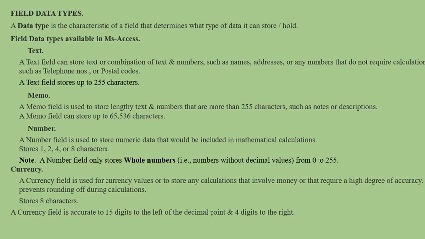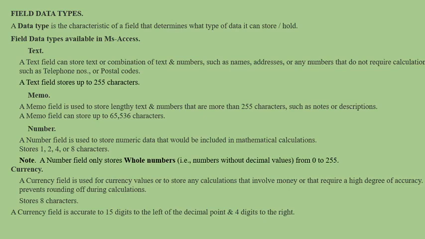Then we have memo or long text. Memo allows you to type paragraphs or a description, something longer than what you would put in text. You can see this is 255 characters. This is 65,536 characters. Therefore, that explains why that one is larger.